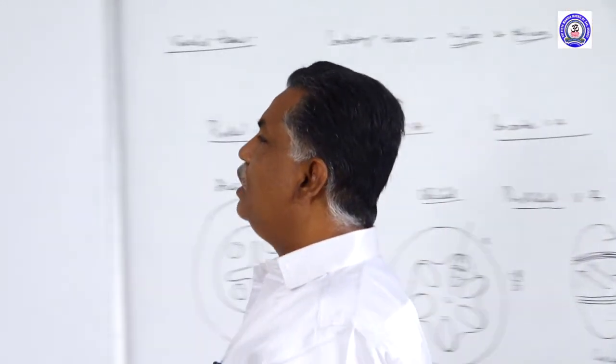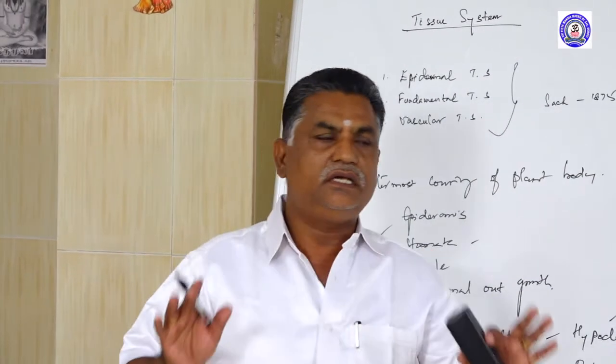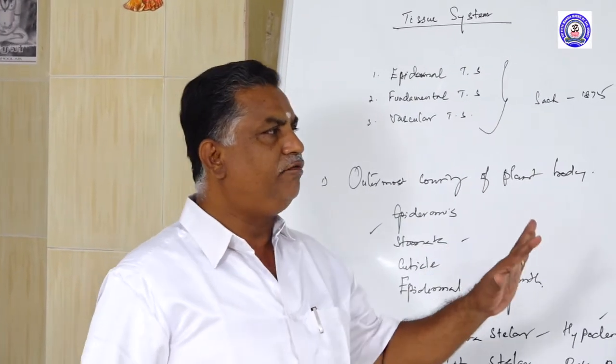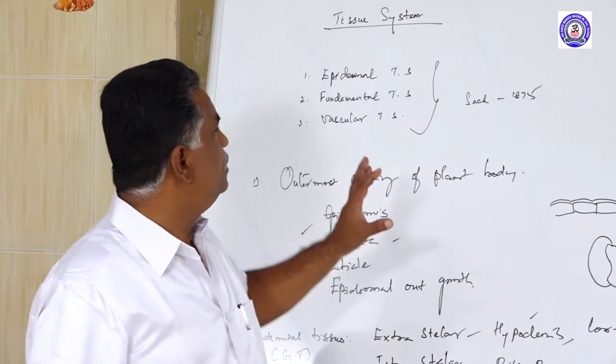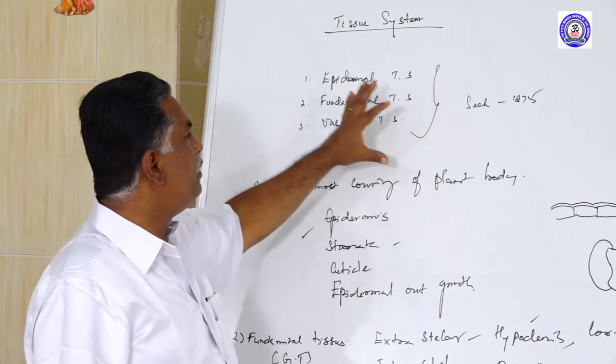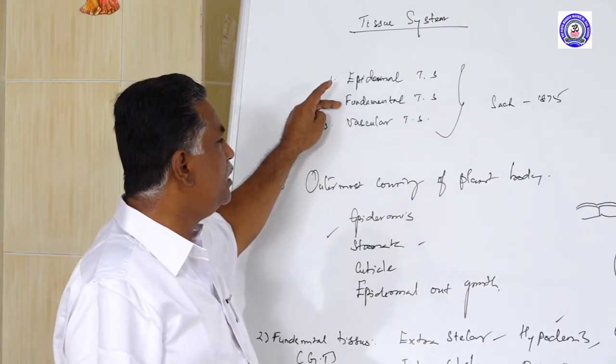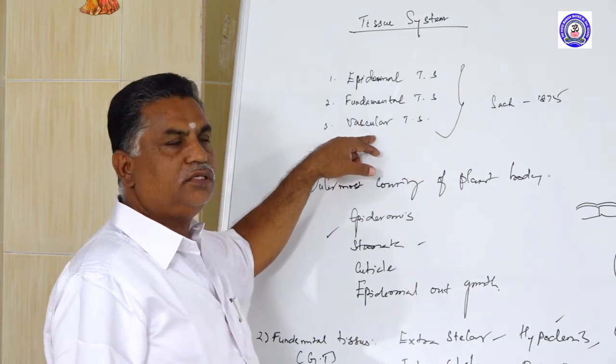So far we have seen the basic pattern of arrangement of tissues. According to Sachs, 1875, there are three types of tissue system in the plant body: epidermal tissue system, fundamental tissue system, and vascular tissue system.